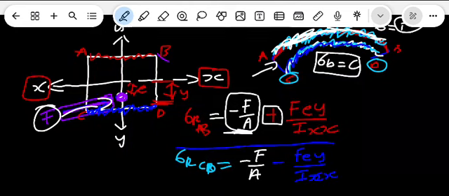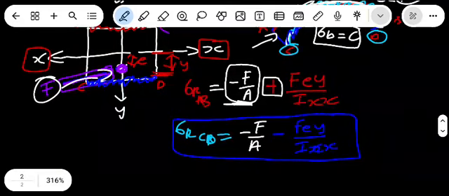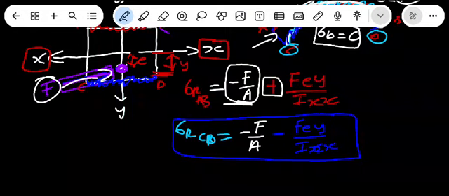This is how you'll find your resultant at that portion. Here we've been looking at the distance from the x-axis.